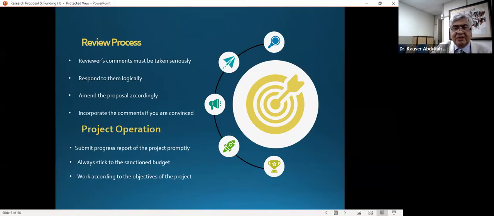If the reviewer has given a comment which you think is appropriate, you should immediately respond and incorporate that into your proposal, and obviously amend the proposal accordingly. If you feel very strongly that the observation the reviewer has made is not accurate or not appropriate, you have every right to answer back and put forth your point of view.